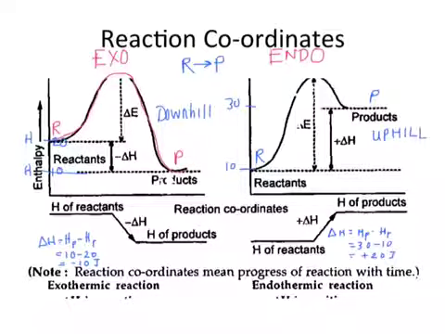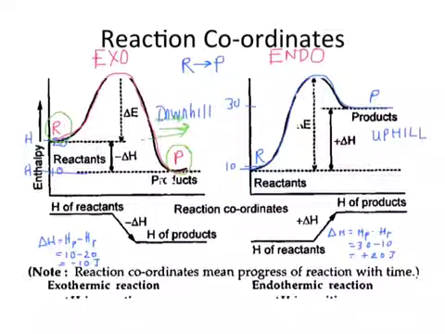Now you can see that the reactants have to gain energy in order to get over the hill to produce the products. Another way that we could look at this is that in an exothermic reaction, the energy of the reactants is greater than the energy of the products. When the reactant converts to products, it will release that extra amount of energy out into the surroundings.